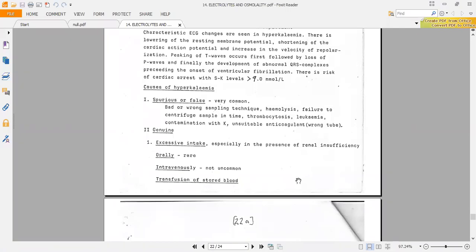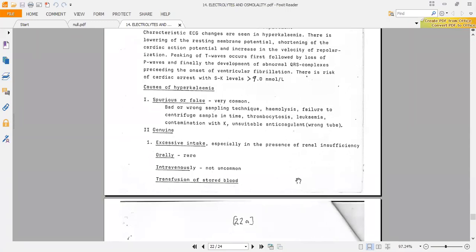The first thing that can cause hyperkalemia is actually a faulty mechanism of taking the blood sample. If the agents you used hemolyze the red blood cells, we know that we have a lot of potassium inside the cell.